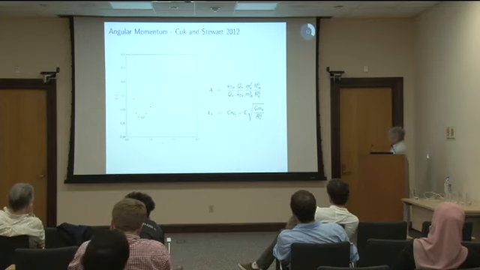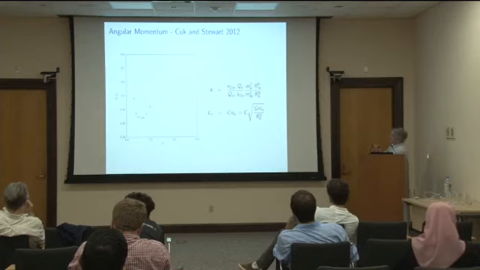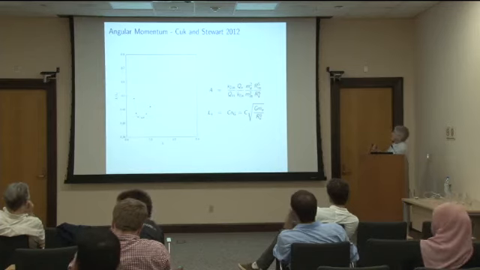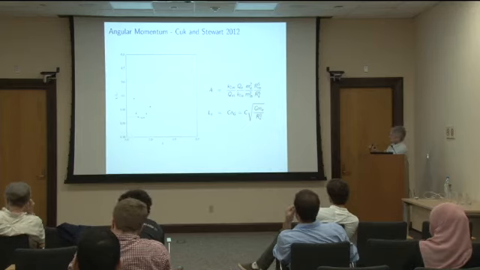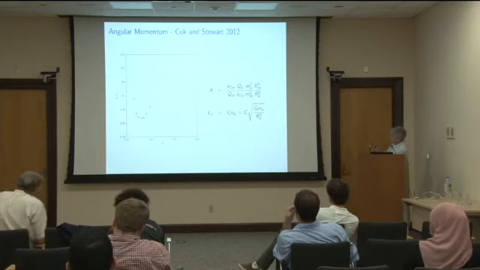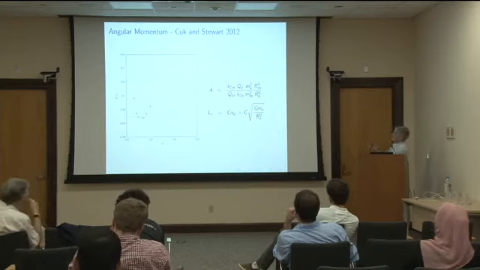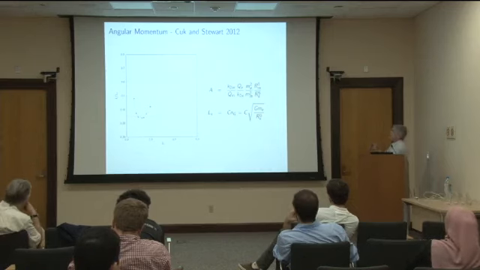Let's see, here are their results. This is the initial angular momentum measured in these units. And in these units, the final angular momentum of the Earth-Moon system is around 0.35. That's the target. And so they start here, and then they go through this evection process, and they end up with this final value.